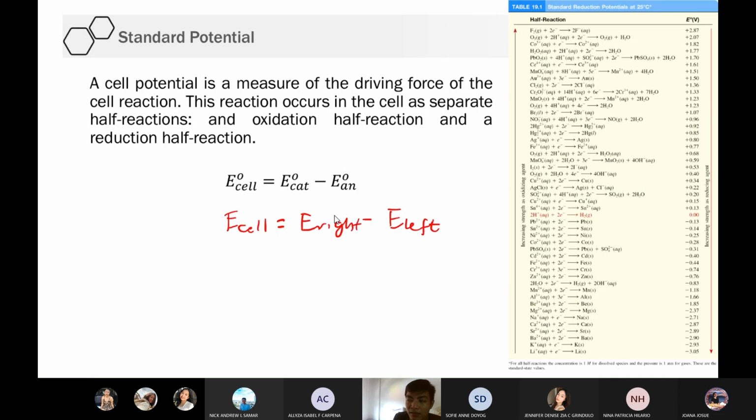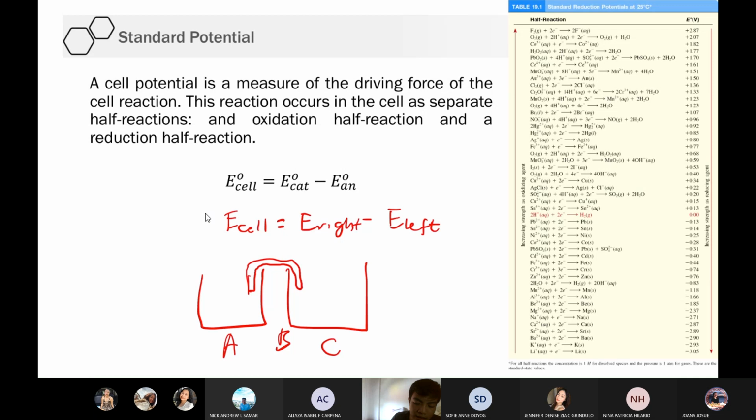Bakit right and left ginamit nila? Kasi, di ba, remember the voltaic diagram? This is the anode, this is the cathode, this is the salt bridge. Yung right meaning nasa cathode. Yung left meaning nasa anode. Okay. Pero again, I don't really encourage the use of this, although nasa libro yan. Bakit? Kasi mas maganda yung alam niyo yung meaning ng right pati left.